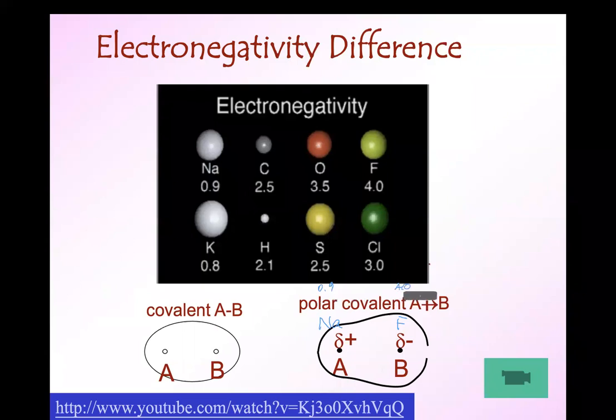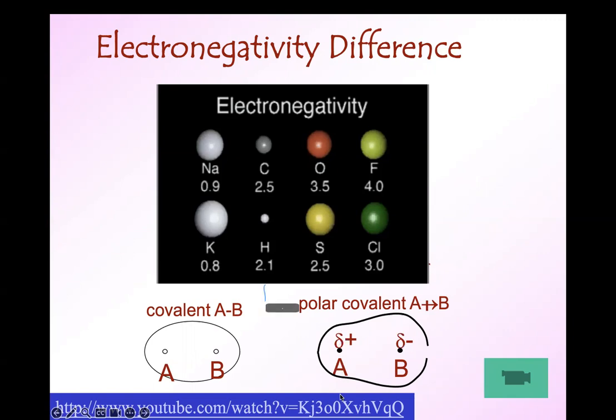As the electronegativity difference, delta EN, is greater than 2.0, it will become ionic already. It is no longer a partial charge, no longer delta. So if you use sodium or potassium as the atom here, it will not be the case.